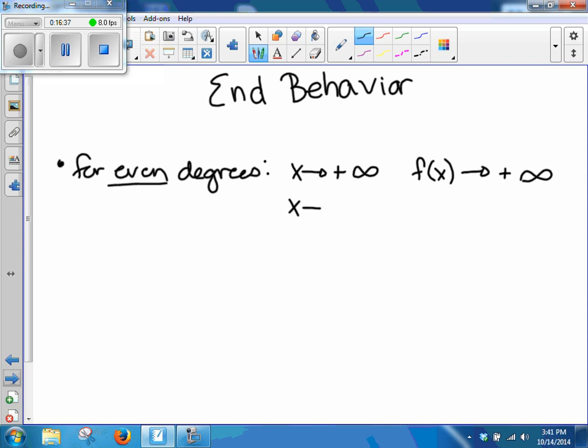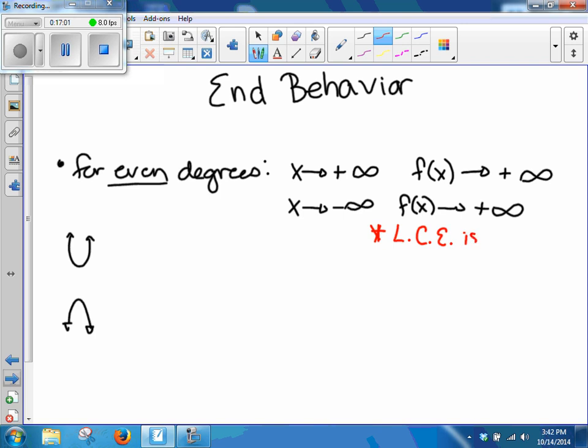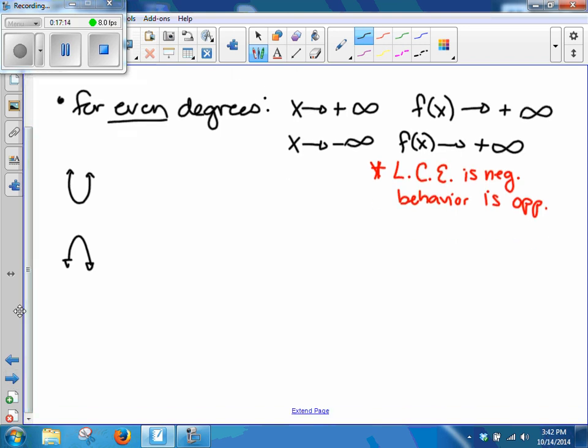And same thing, if x approaches negative infinity, your function approaches positive infinity as well. Think of the easiest case, a parabola. Whether it's upside down or not, it's going in the same direction. You just have to remember, if your leading coefficient is negative, your behavior is the opposite. So kind of cheat when you remember these things.